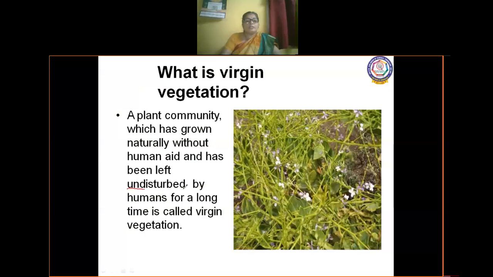That means undisturbed totally by humans for a very long time. So under natural vegetation, you're going to learn it as virgin vegetation, that is not disturbed or influenced by human beings. So it is called virgin vegetation.